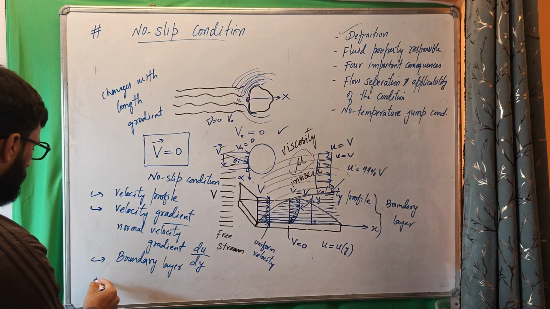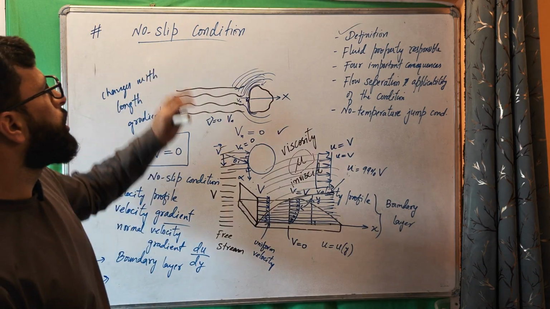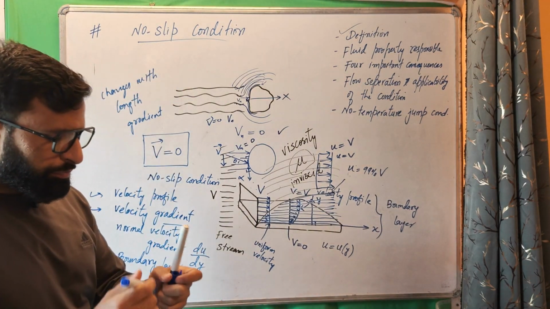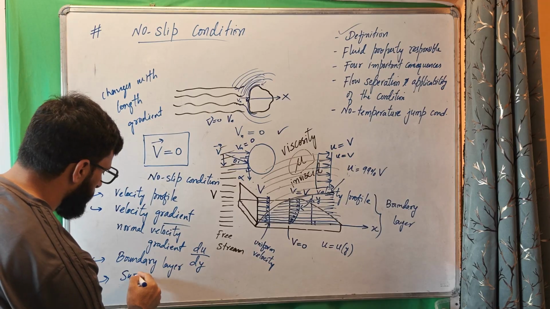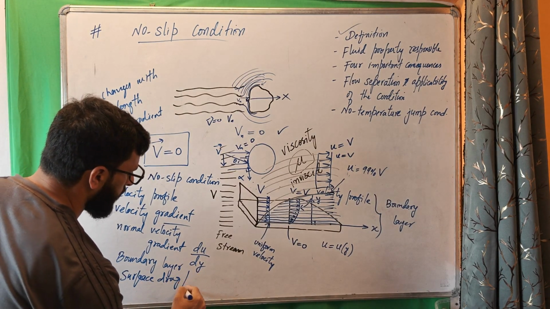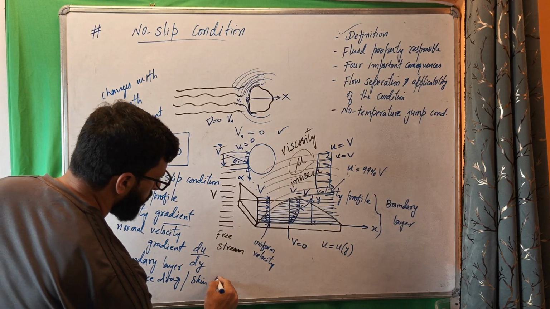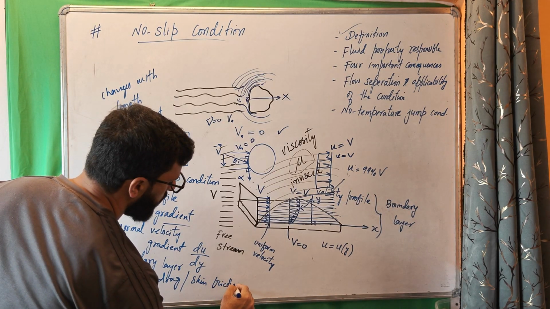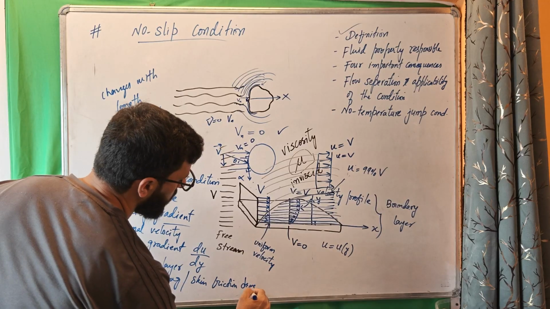And the fourth consequence of the no slip condition is surface drag, also known as skin friction drag. What is this?